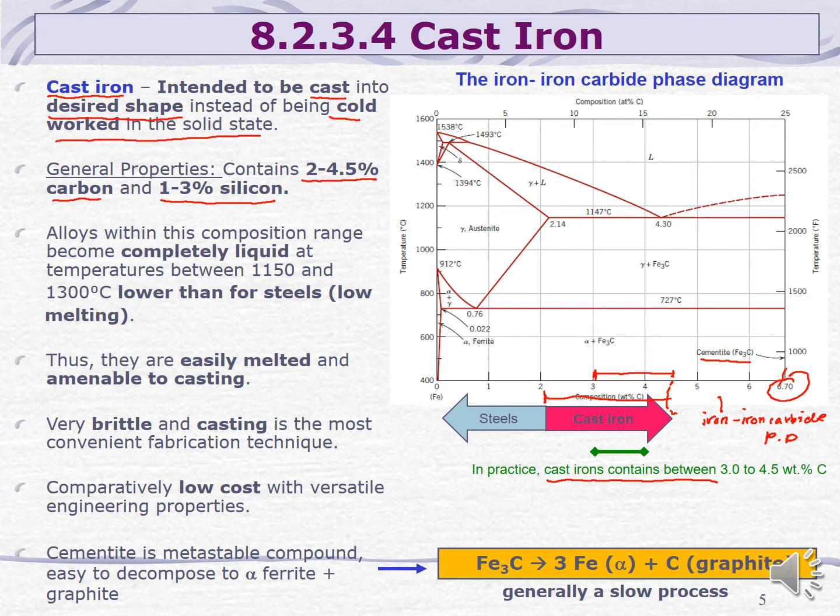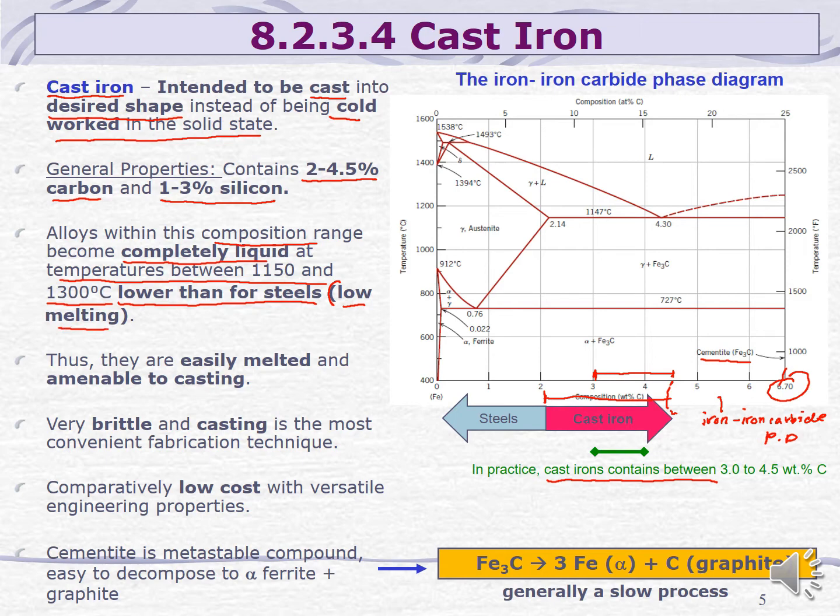Okay, alloys within this composition range become completely liquid at temperatures between 1150 and 1300 degrees C, which is lower than the steels. So meaning that this cast iron has a low melting temperature compared to the steel.